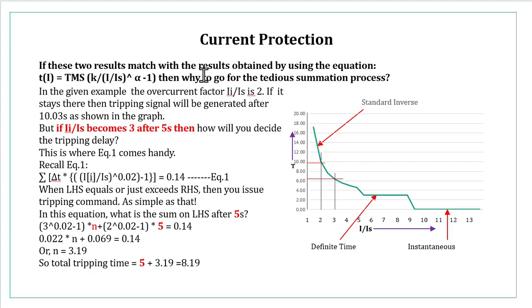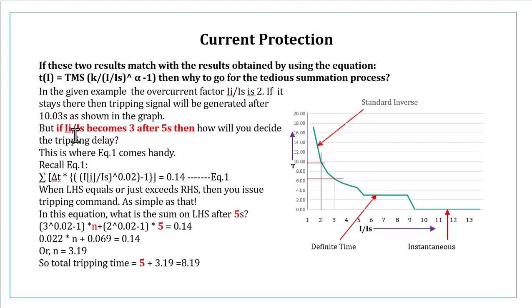If these two results match with the results obtained by using this equation, then why go for the tedious summation process? In this given example, the overcurrent factor is 2. If it stays there, then the tripping signal will be generated after 10.03 seconds as shown in the graph. So for 2, this we have seen using the standard equation.